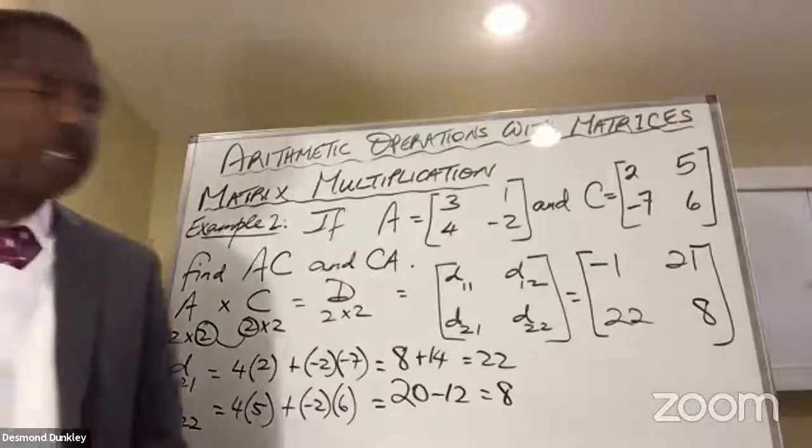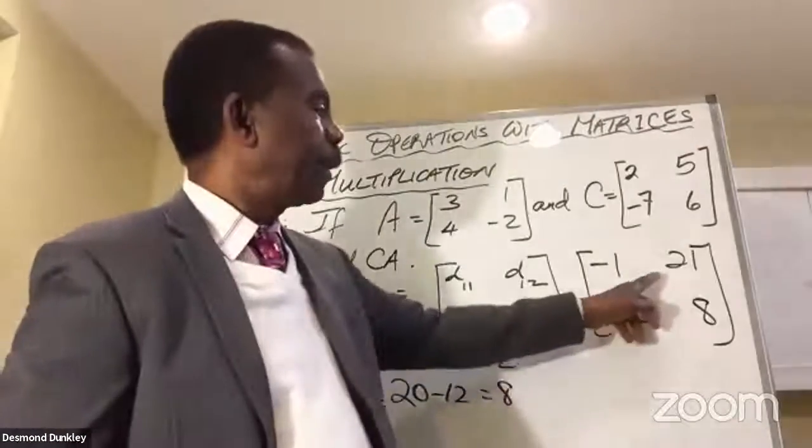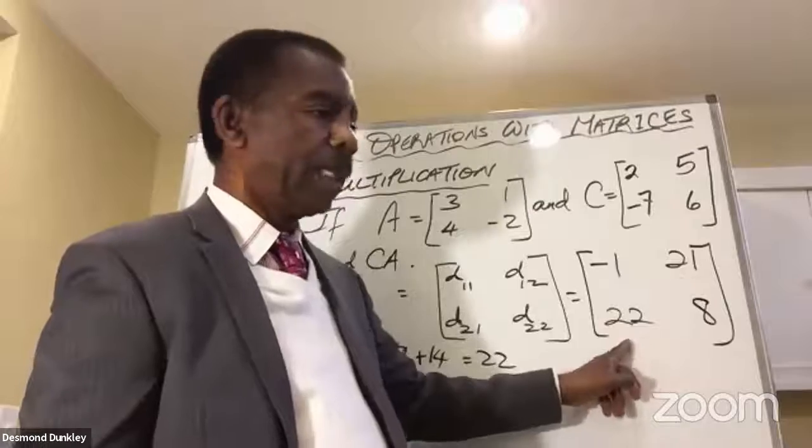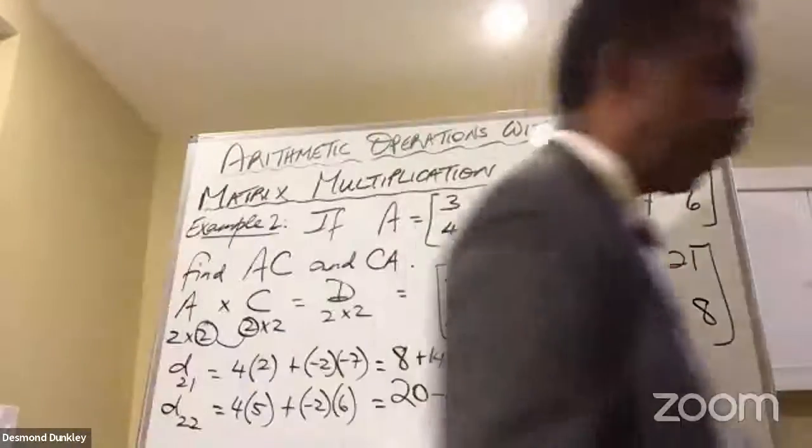So our product, AC, is negative 1, 21, 22, 8.